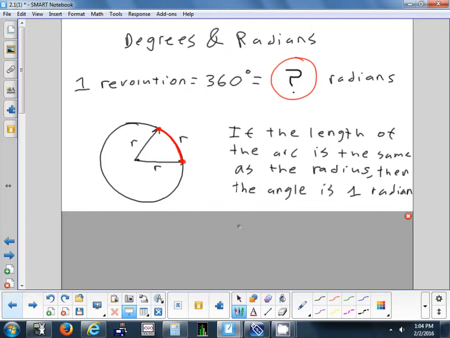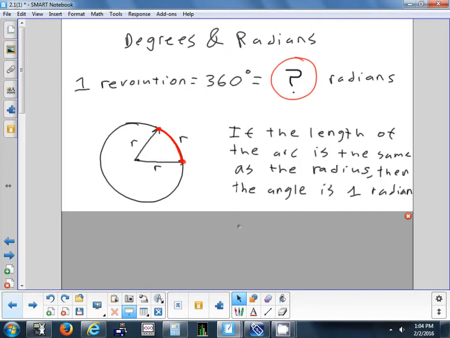An arc is just part of a circle. And if we have an arc that goes all the way around the circle, usually we call that the circumference. We use the word arc when we're just talking about part of the circumference, but I guess technically you could say the circumference is just an arc, but it takes up the whole circle.